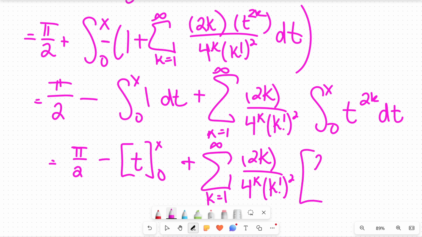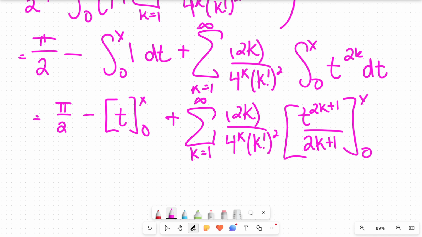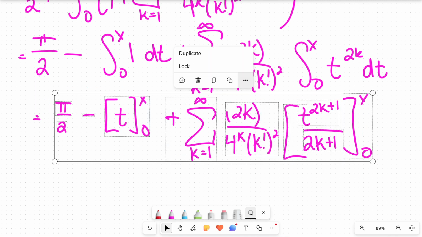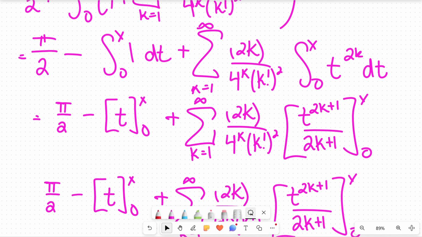So I'm going to have t to the 2k plus 1 all over 2k plus 1, evaluated between x and 0. I'm going to substitute in my values for x and 0. When I substitute in 0 to both of these, I just end up getting 0. So I'm going to replace all of them with just x.